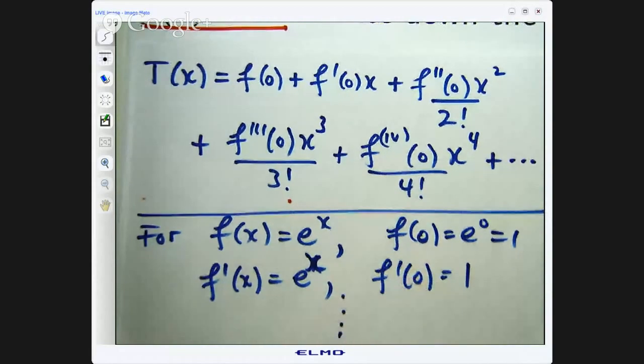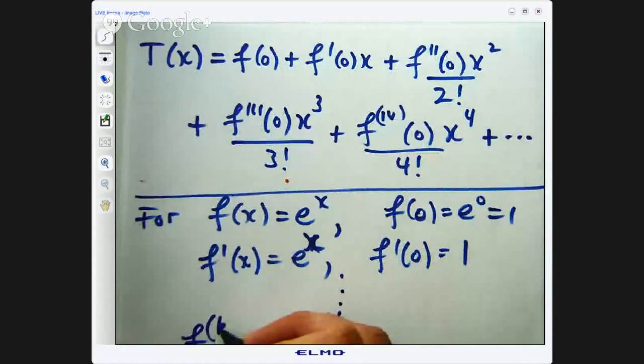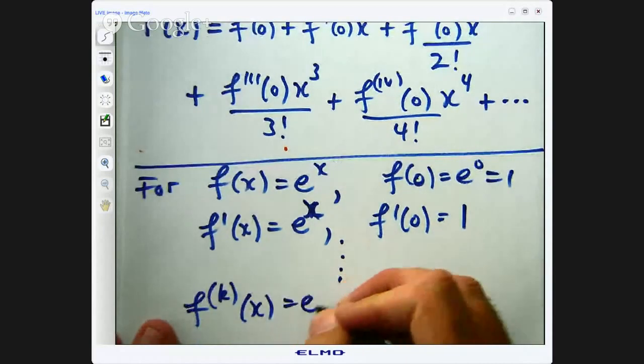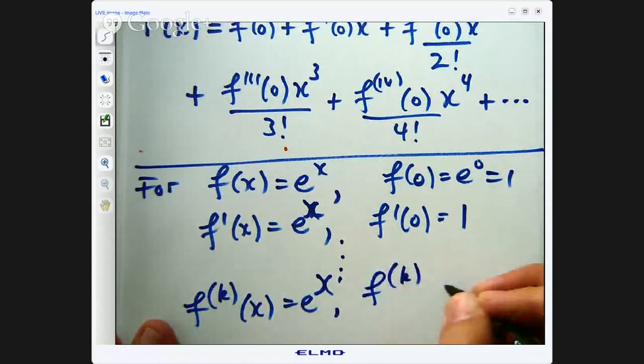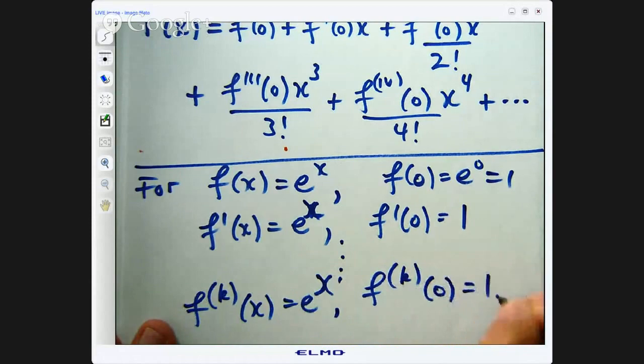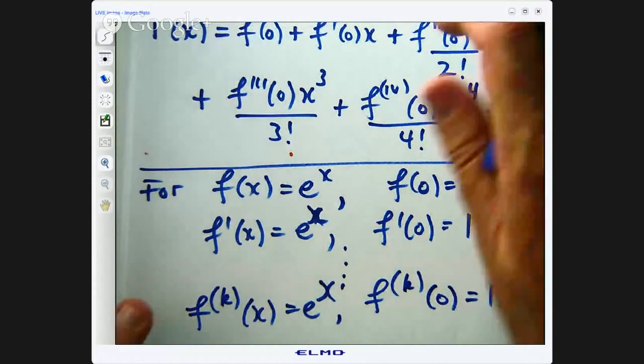So the kth derivative, if you like, of e to the x is just e to the x, and so you can just continue this on. All right, so what does this mean for our function here?